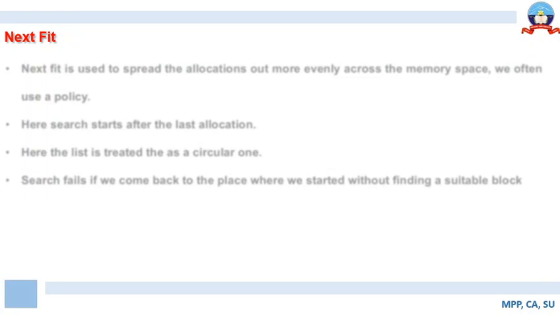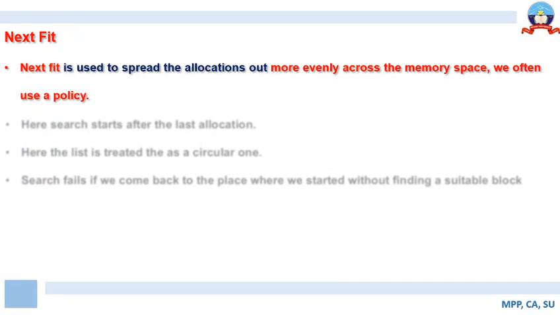So the next fit memory allocation scheme attempts to allocate memory to the processes more evenly across the memory space. Because of its effectiveness, it is often preferred.